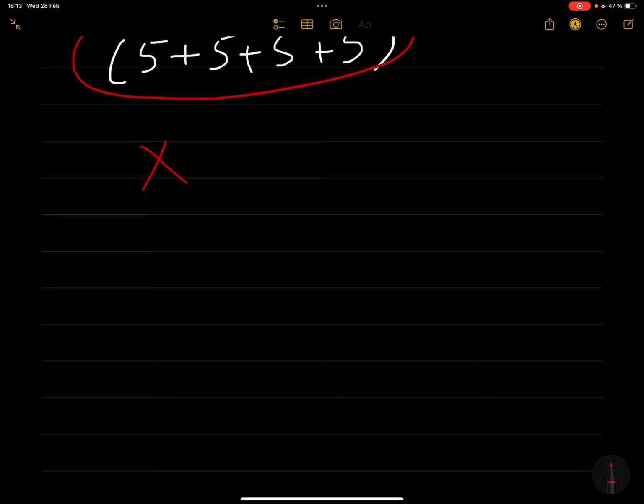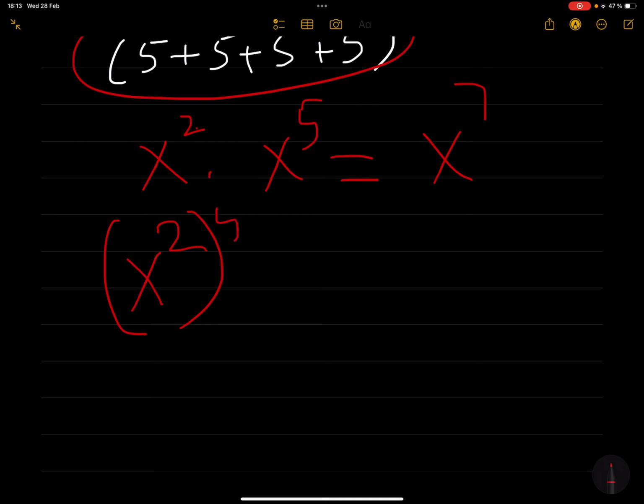When bases are the same, you multiply, you add the powers. 2 plus 5 is 7. And when an exponent is raised to an exponent, let's say x to the 2 raised to 5, all you do is multiply the exponents.